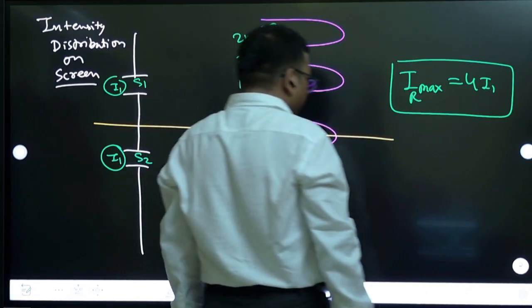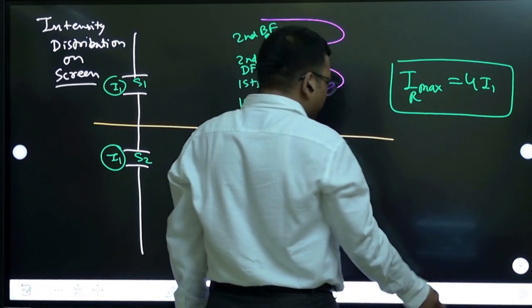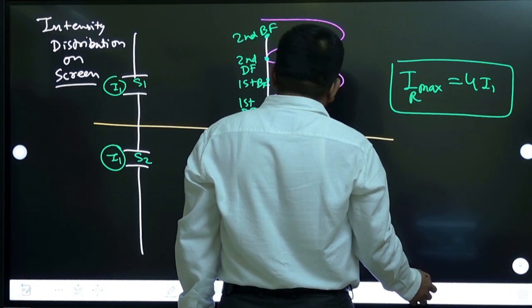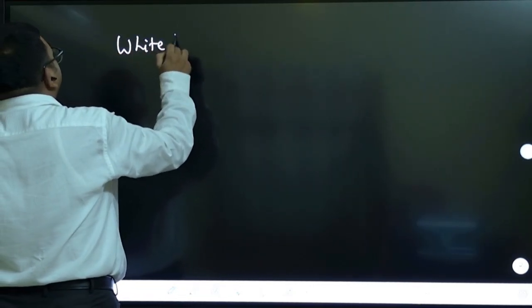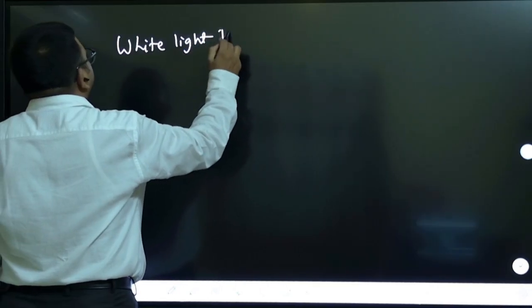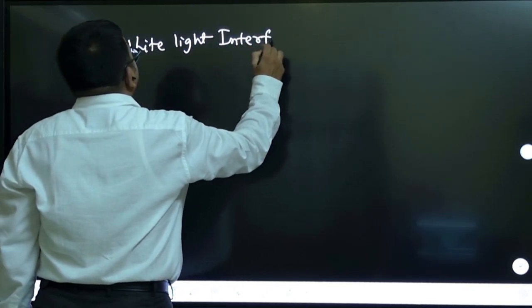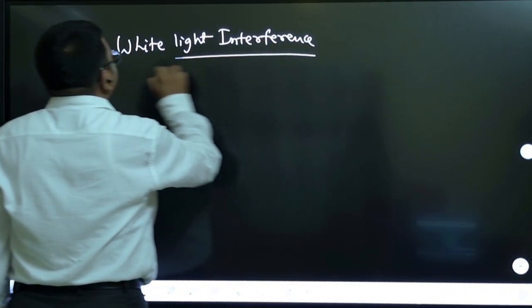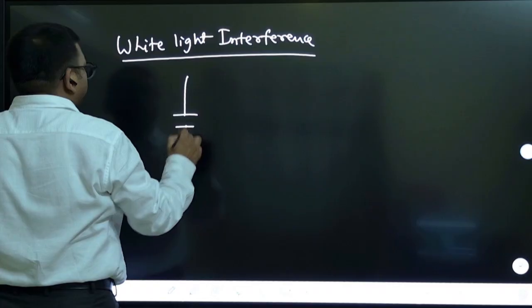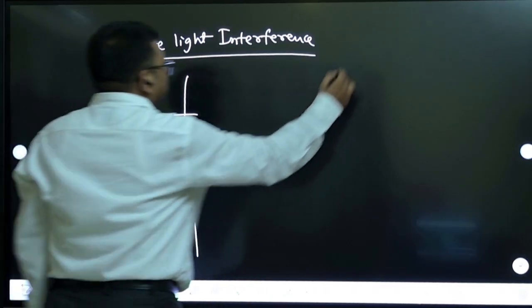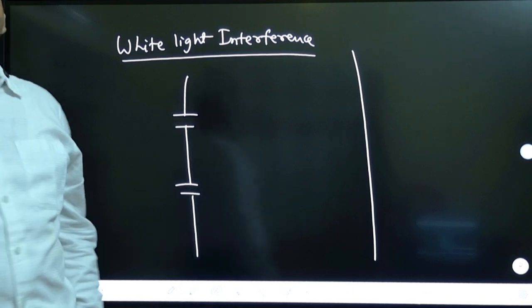Then what about white light interference? Let us cover that also. So in white light interference in YDSE, what is going to happen?